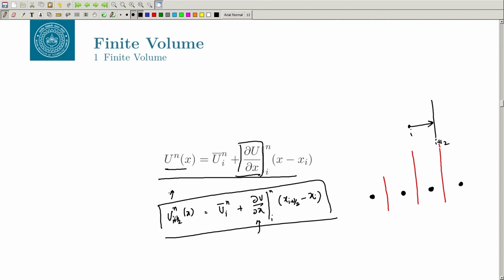One thing you can say is that within one cell the variation is just uniform, that means you have a constant value. So, in this cell you have a constant value.